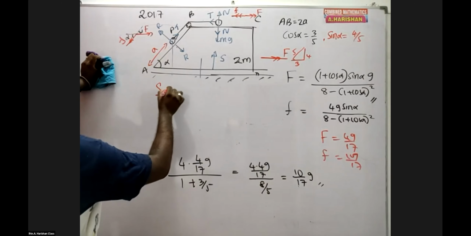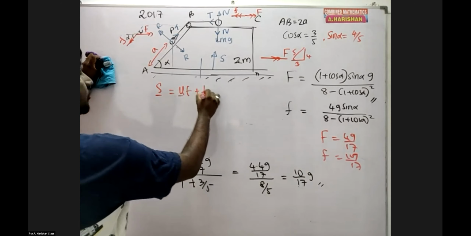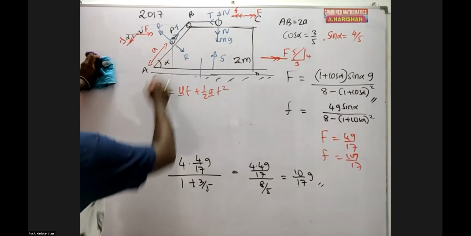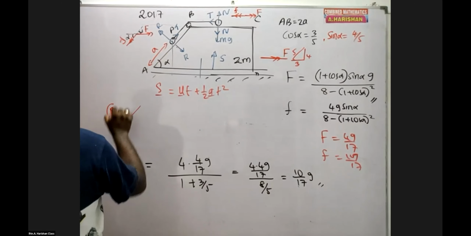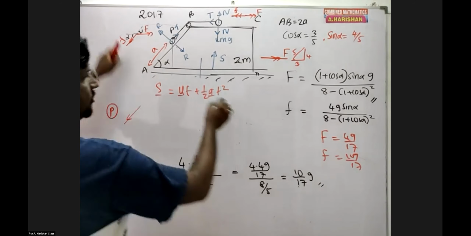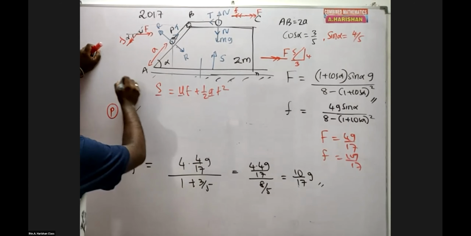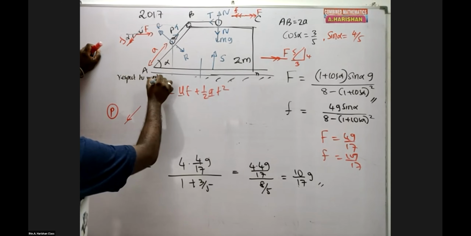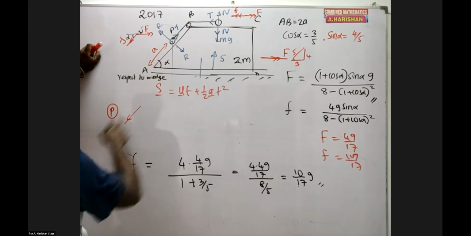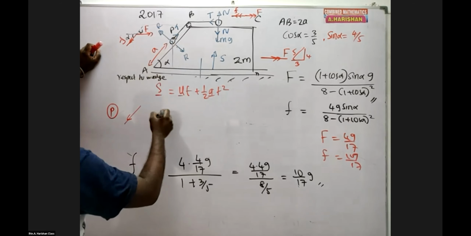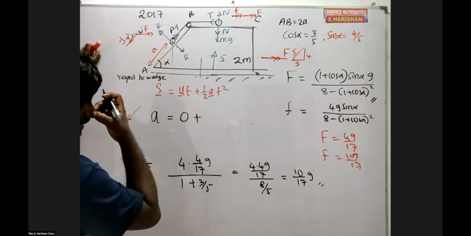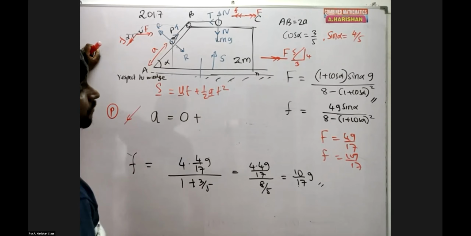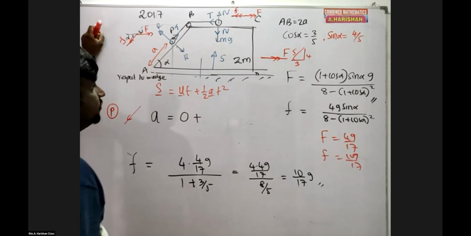Okay, so I'm going to apply s equals ut plus half at squared to the particle in this direction, right? For the particle P, according to the wedge, relative to the wedge. So a is the displacement, and the initial velocity is zero because it is starting from rest.